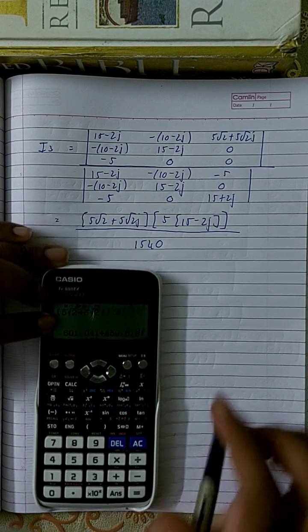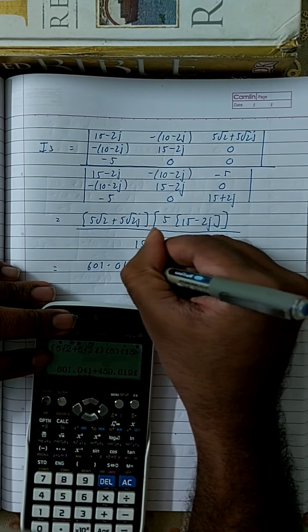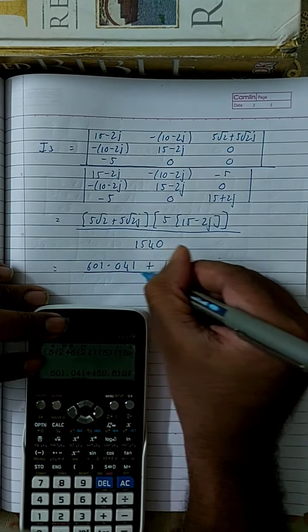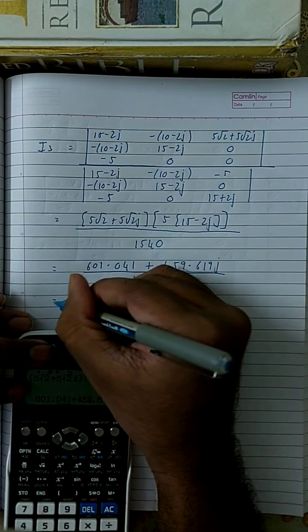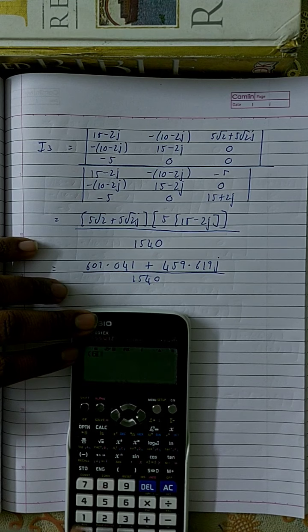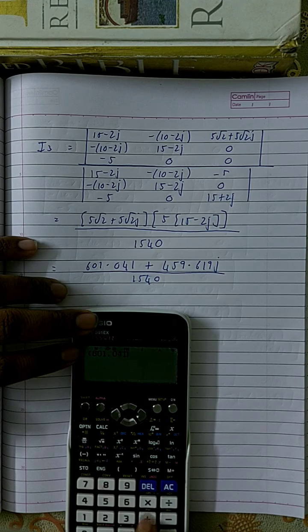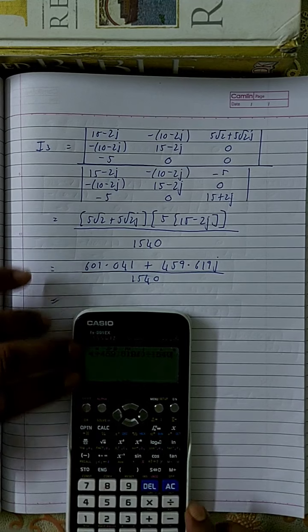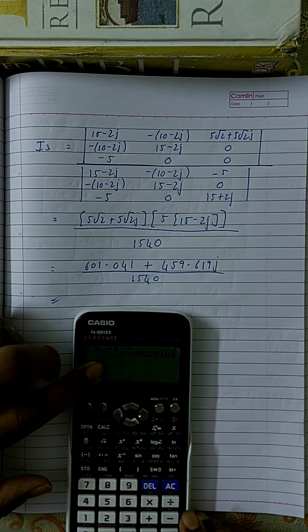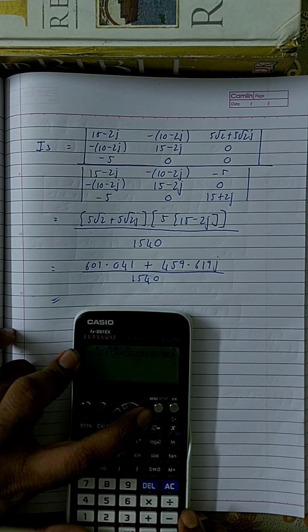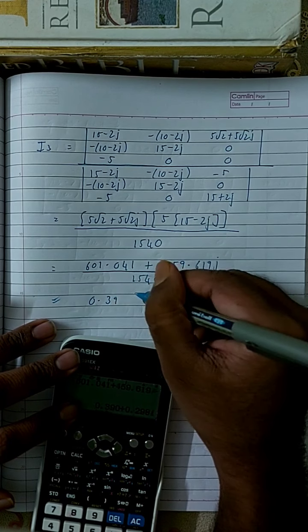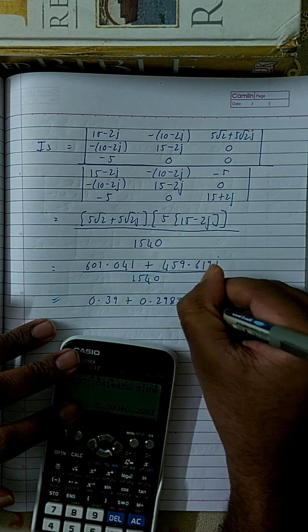So you get the answer as 601.041 plus 459.619j divided by 1540, and you will get 0.39 plus 0.298j.